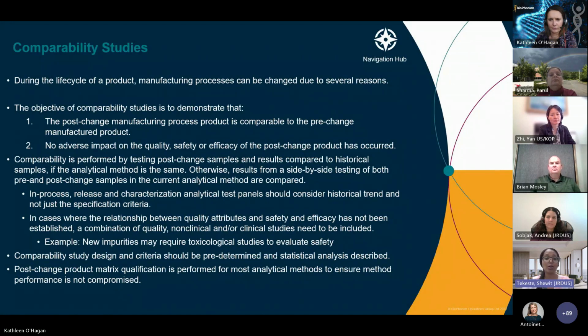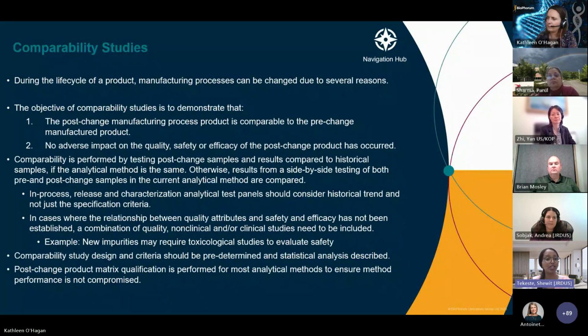So you'll need a comparability study design with statistical analysis and a protocol to evaluate how your post-change product compares to your pre-change. Of note, you need to know prior to executing the comparability studies that a post-change matrix qualification is required in order to verify that the analytical method performance is not compromised.